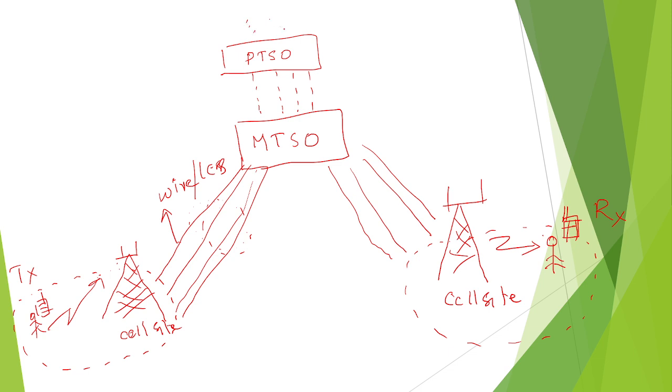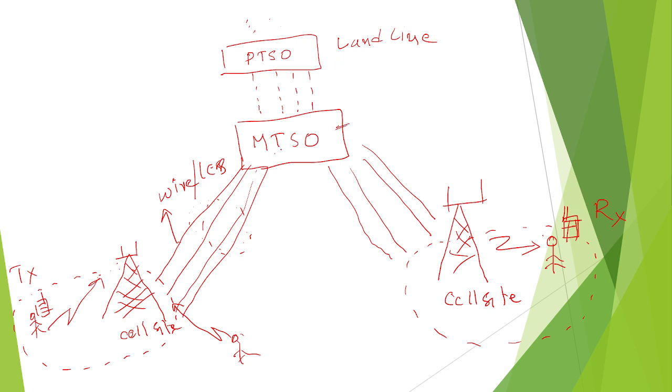I want to connect a call from a mobile to, for example, a landline. Again, when the user initiates a call, first the call is received by the cell site, and then the MTSO will find out the address for the receiver. So here the landline address will be found by the MTSO.